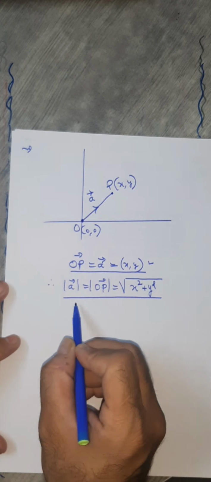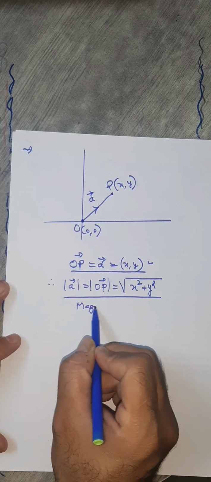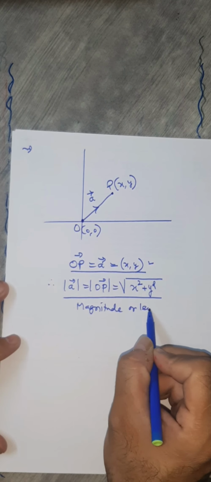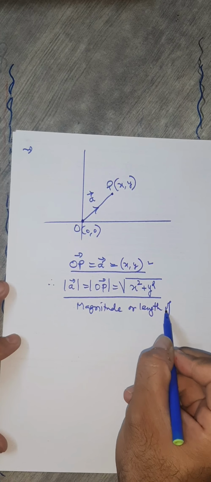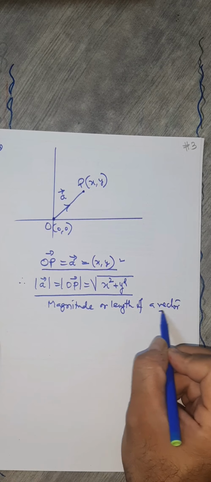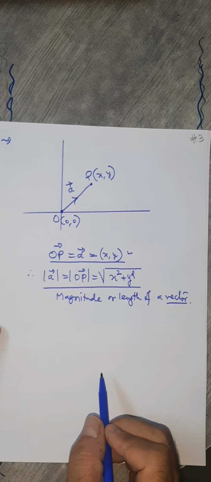So this is the definition of magnitude or length of a vector. Length of a vector, remember. Fine.